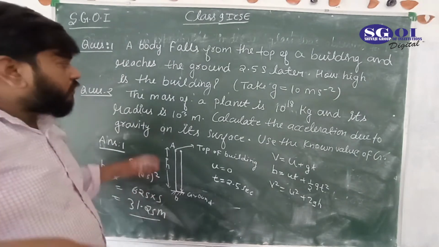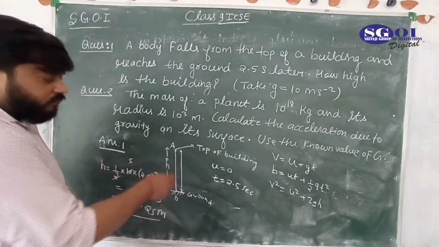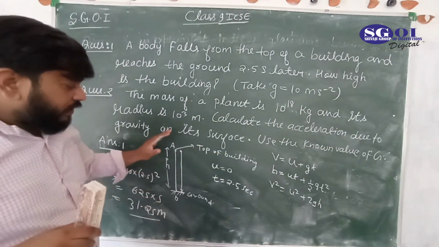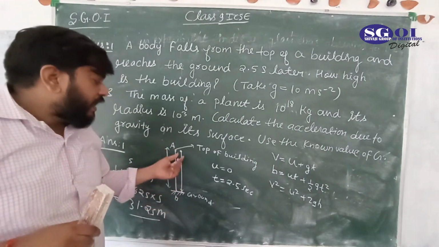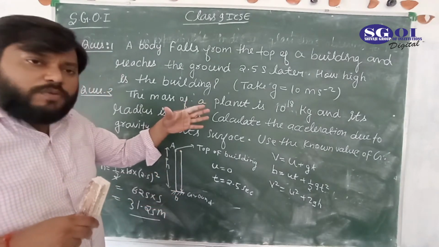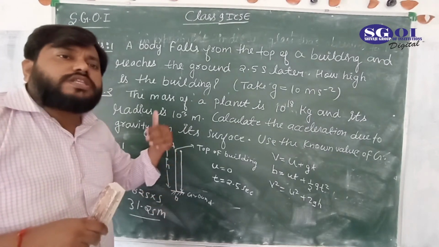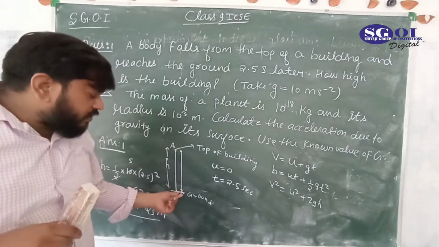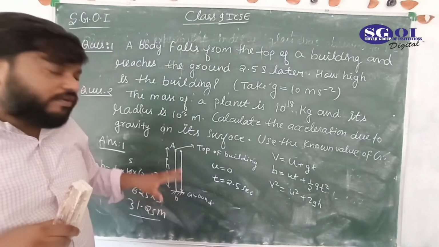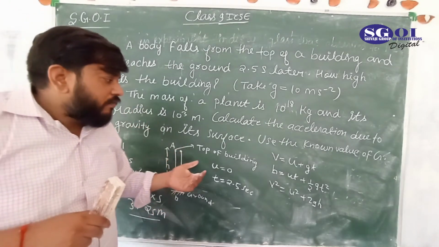Now we would solve the next one. Are you clear on this problem? In this type of problem, as I told you, there is acceleration due to gravity, and at the top when we just release the object, the velocity is 0. As it comes down towards the earth, its velocity continuously increases, and at the instant it reaches the ground, the velocity is maximum, and the object is accelerating due to gravity.